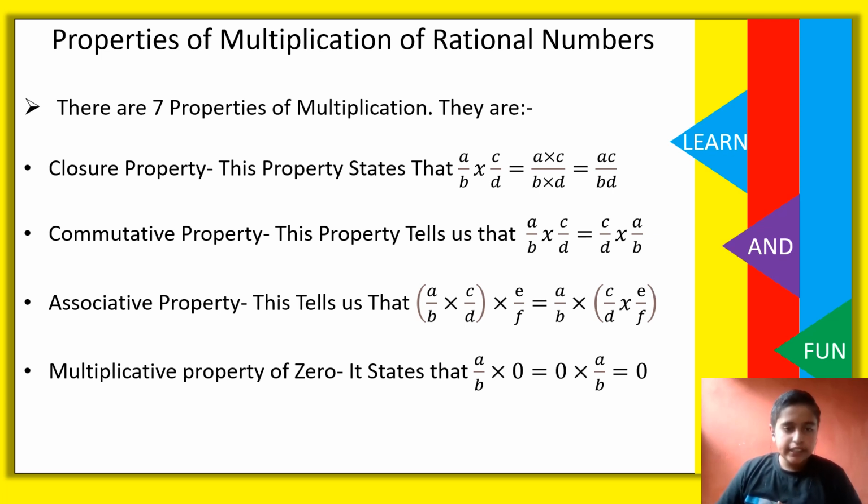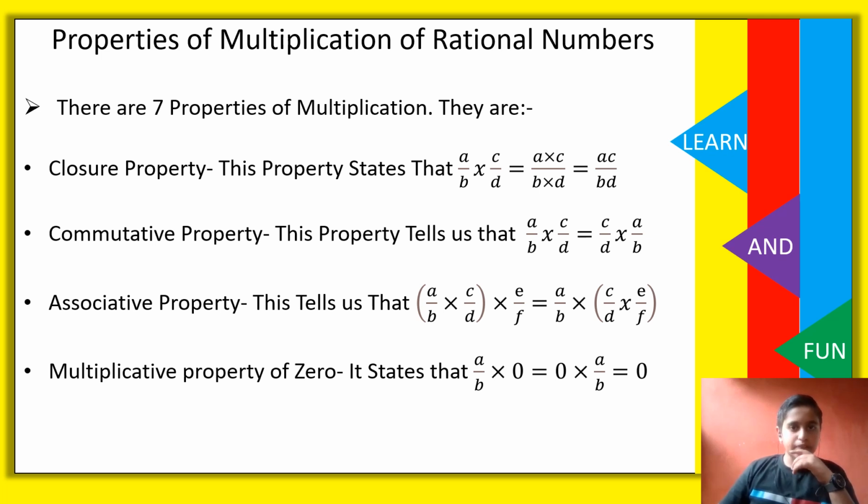So first, let's start with the closure property. This property states that A upon B into C upon D is equal to A into C upon B into D, which is AC upon BD. So let's start solving this.